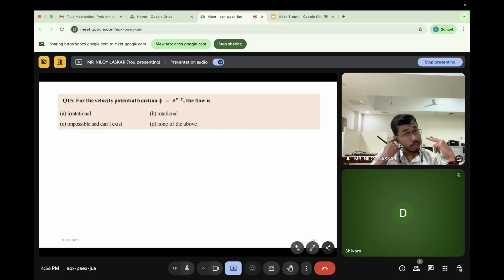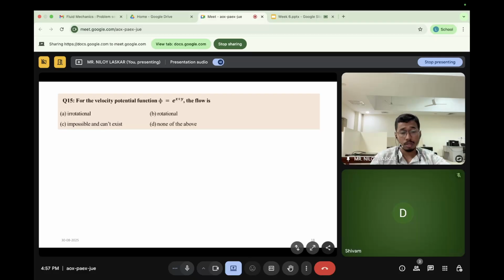Please check this condition. Basically you need to find omega, nothing else. First check omega. If omega is 0, then it is irrotational, and if it's not 0, then it is rotational. So this condition you need to check. I think that is quite a simple question.